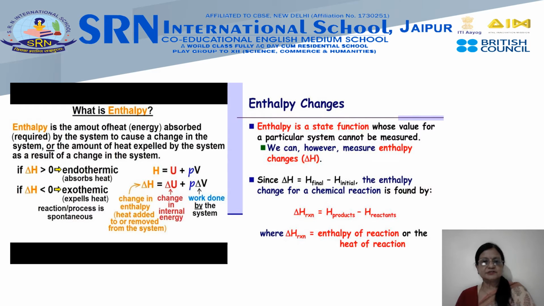Since delta H is H final minus H initial, the enthalpy change for a chemical reaction is delta H reaction, which is the enthalpy of reaction, equal to H product minus H reactant. So enthalpy of reaction is also called heat of reaction.